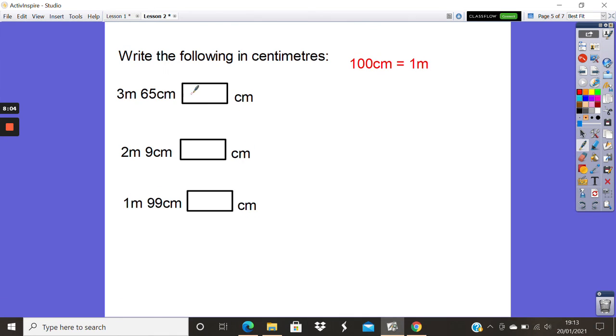So 3 metres and 65 centimetres would become 365 centimetres. 2 metres 9 centimetres would become 209 centimetres. Because 200 centimetres would be the same as 2 metres. 1 metre 99 centimetres would become 199 centimetres.